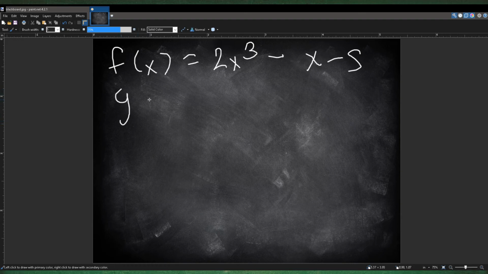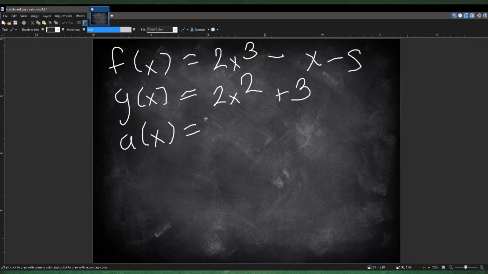Let's say g of x is equal to 2x squared plus 3, and a of x is equal to 4x minus 7. Every single time we work with this, let's say we want to chain this. We have f of g of x, and a of x inside of that g of x.